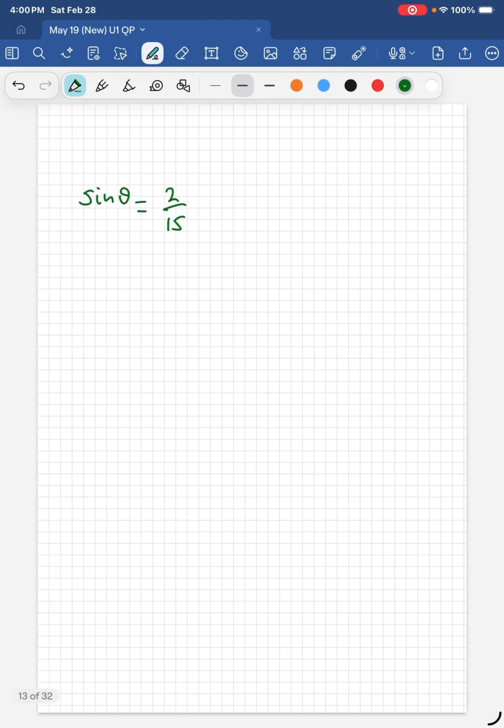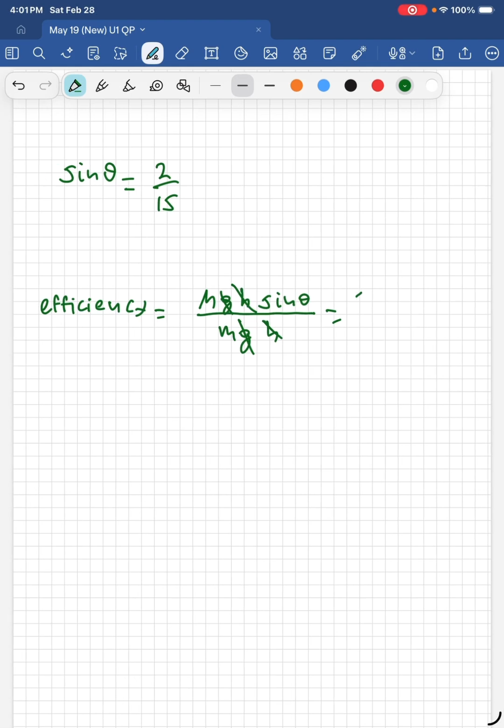So let's divide these two. So efficiency is then capital M gh sine theta over mgh, which is the input. So g goes away, h goes away. So we have these nice simplifications. So the mass is 50, sine theta is 2/15, and then little m is 8.